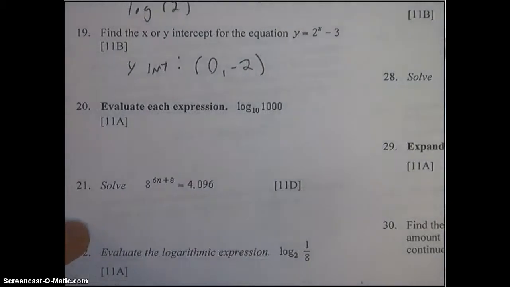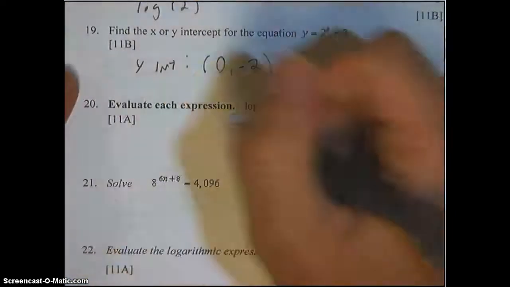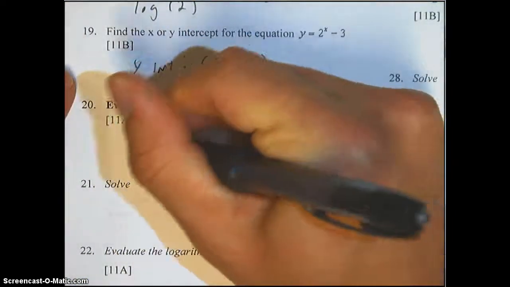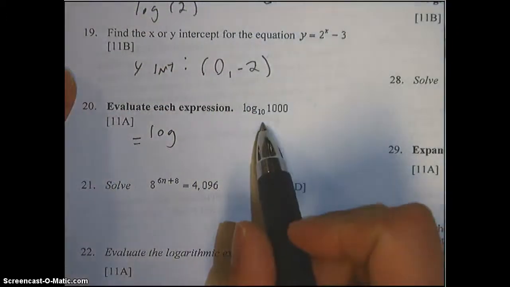Number 20, and this is the last one I'm going to do on this video, says evaluate the expression log base 10 of 1,000. This is a pretty easy one to do using the power table, but despite that, I'm still going to do it in the calculator using the change of base formula. Actually, this is already in log base 10.